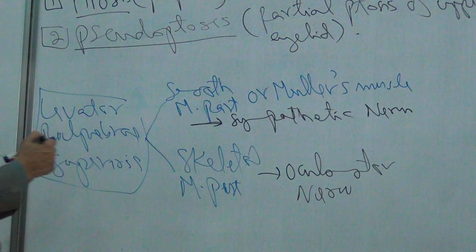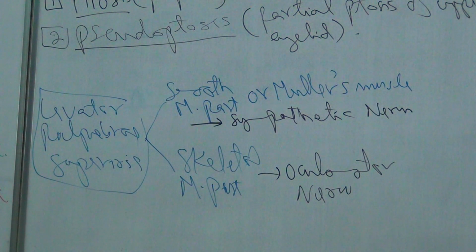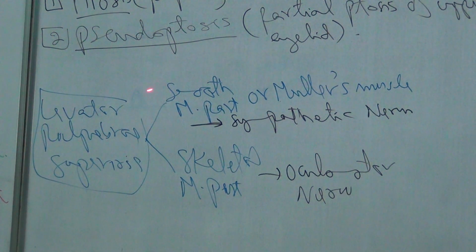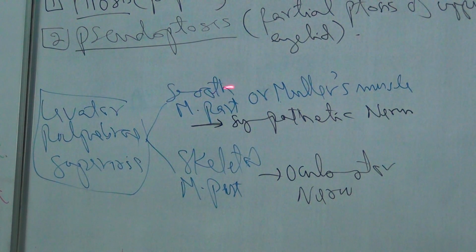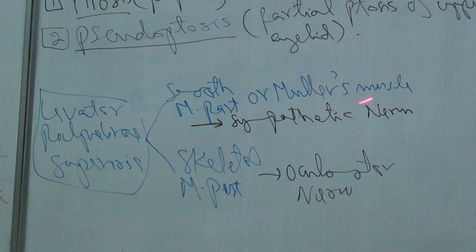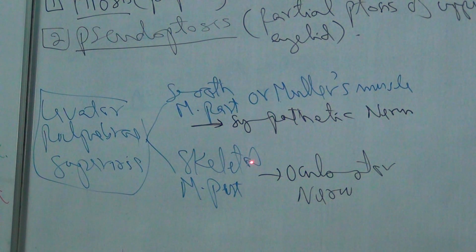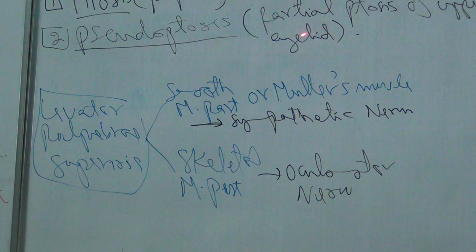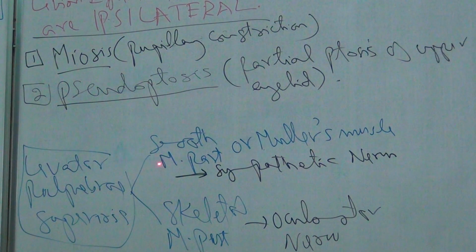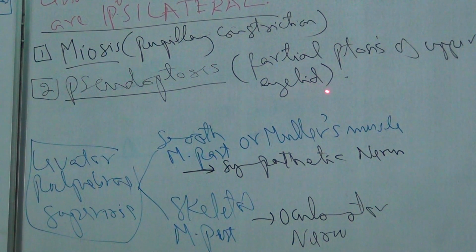Because in Horner syndrome the sympathetic pathway is damaged, the smooth muscle part, or Muller's muscle, of the upper eyelid will be paralyzed because of lack of sympathetic innervation. Because the skeletal muscle part is innervated by the oculomotor nerve, ptosis will occur, but it will be partial ptosis, not complete ptosis, because only Muller's muscle of the upper eyelid is paralyzed.